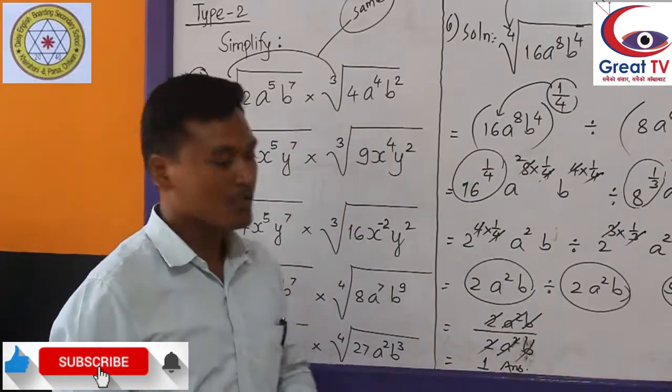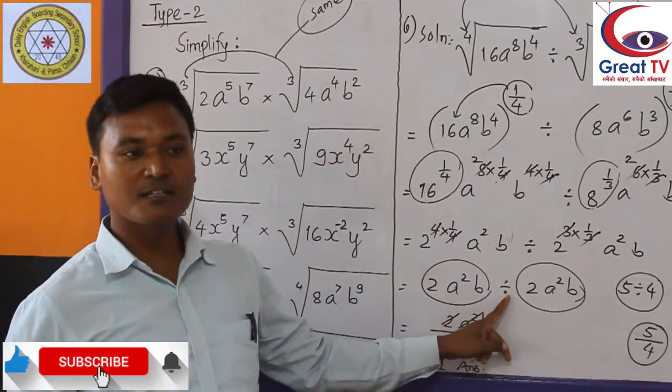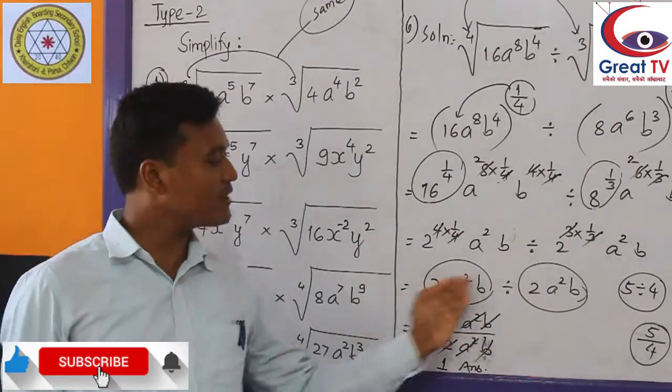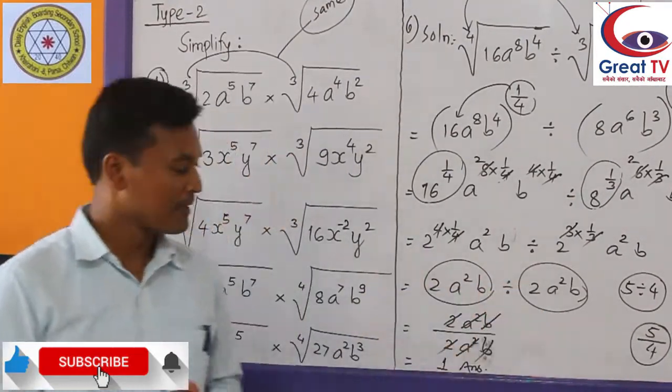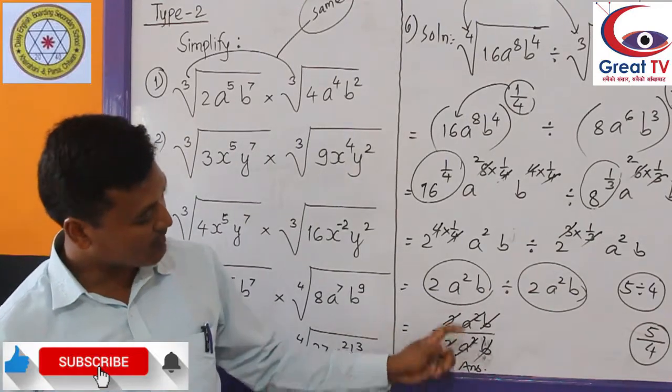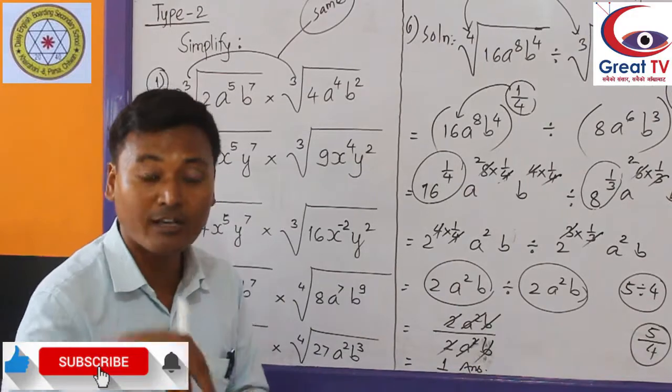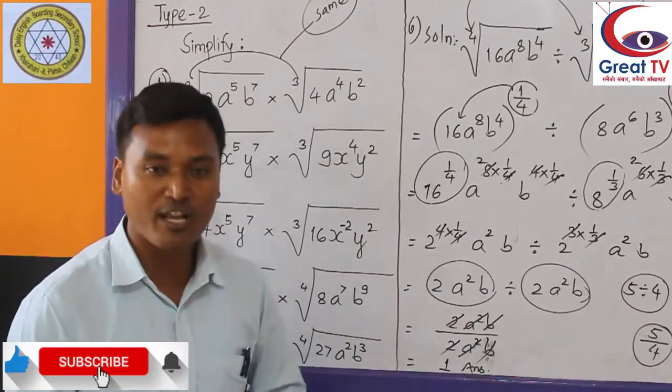But my dear students, sometimes if you have a multiplication sign, by that time don't write in this form, you can just multiply. But here, 2 cancel, a square cancel, b up, b down cancel, all cancel. If all cancel up and down, by that time we write one as the answer.